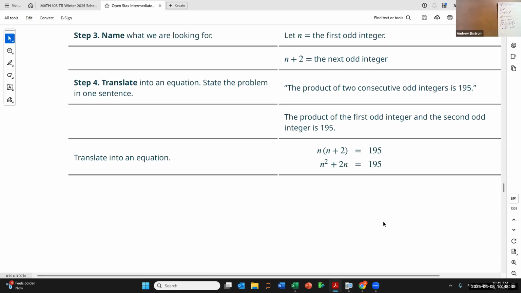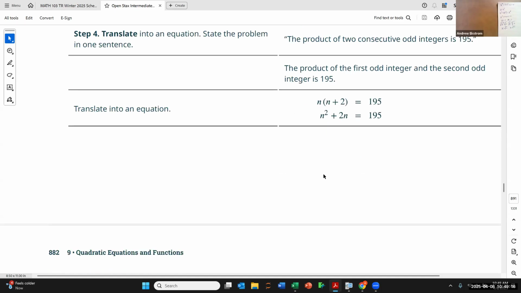Well, we'd do the same thing if we said it was 2 consecutive integers. So like 2 consecutive integers equals 56. We'd have n times n plus 1 because we're looking at 2 consecutive integers. You can see how they translate that into the equation.